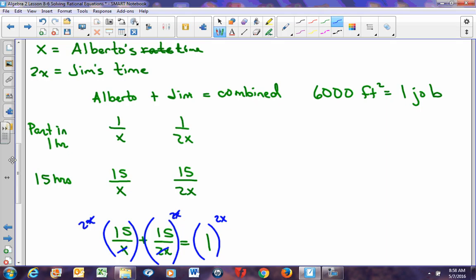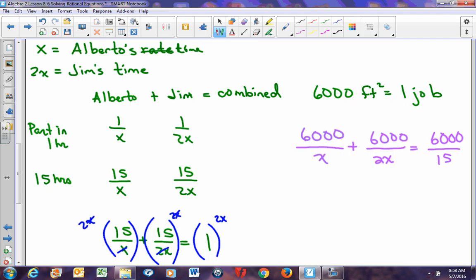What the book says is, since Alberto's time is x and Jim's time is 2x, Alberto's rate is going to be 6,000 over x, plus Jim's rate is going to be 6,000 over 2x, and that's going to equal the part they can do, 6,000 over the 15 hours.